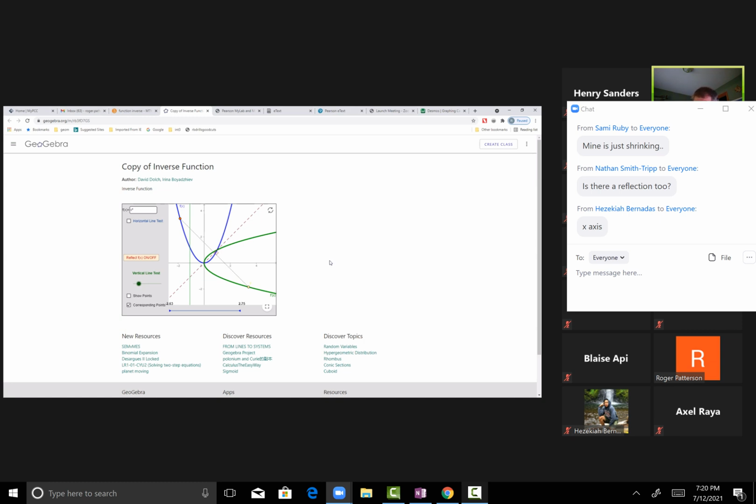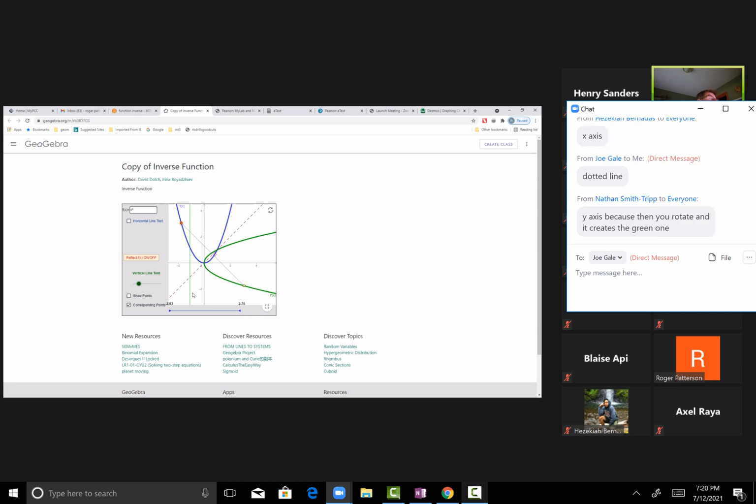I like the thought. The dotted line. Okay. The dotted or dashed line. Yeah, that's what it's being reflected over. Okay. That's what it's being reflected over.